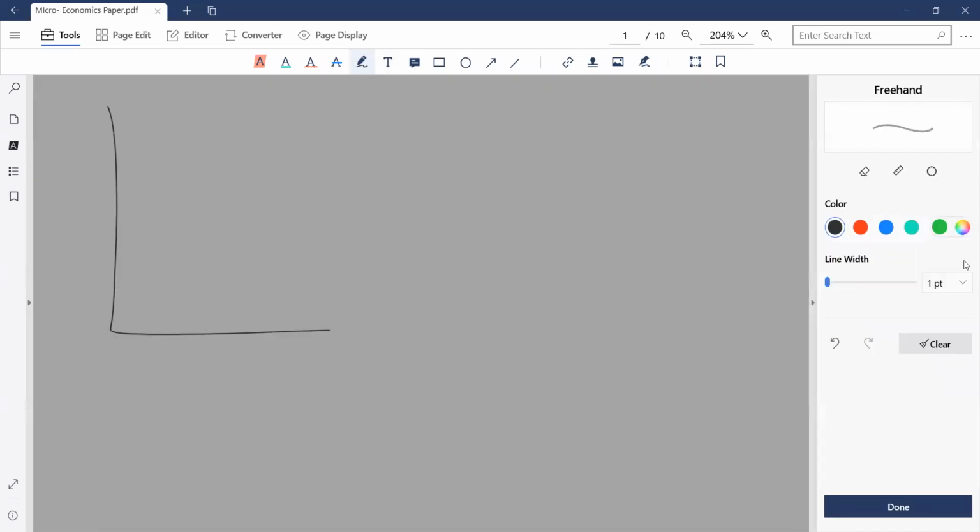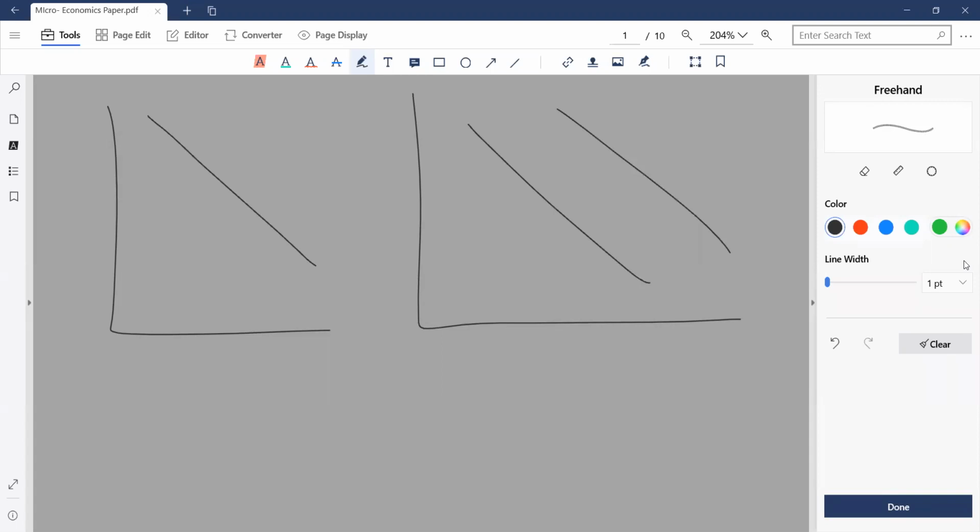On this one, I want to draw a demand curve. And on this one, I want to draw two demand curves. Remember, this is a demand curve, and then this is D1, this is D2. Right. I want to do this and do this. Imagine it is, okay.